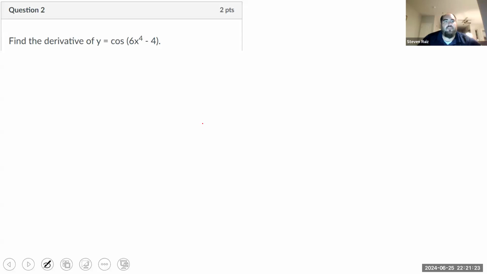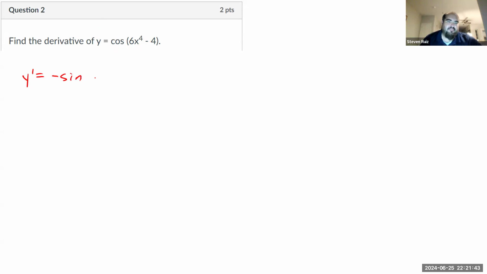Right, question 2. Derivative here, again, the most direct way to do this is going to be the chain rule. So what's our outside function this time? Outside function is going to be a trig function. So what's the derivative of cosine of something? That'll be the negative sine of something.